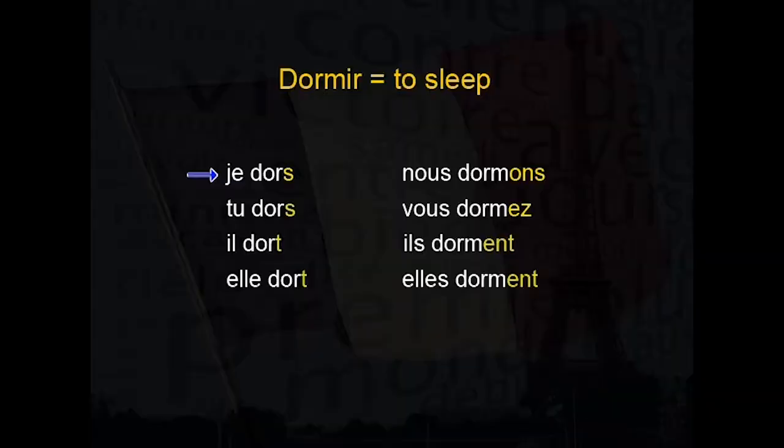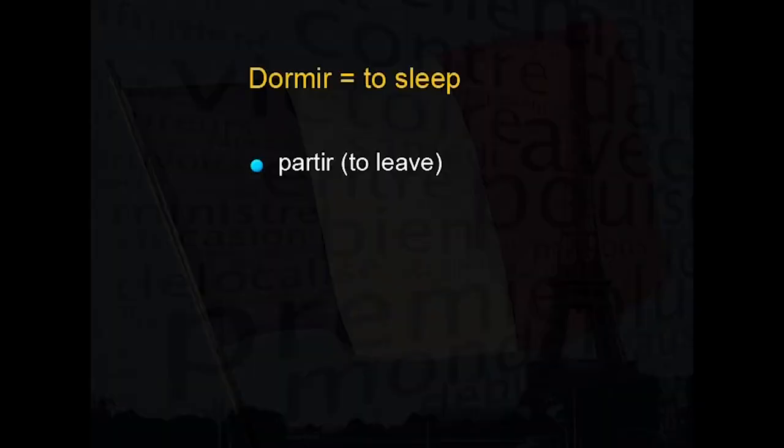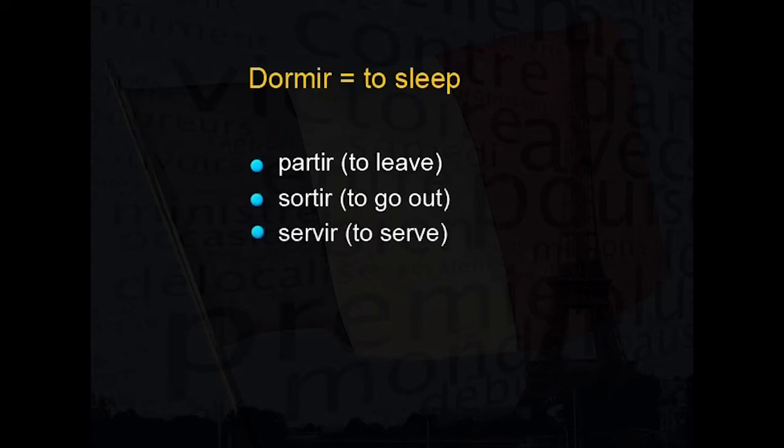As you can see, the stem of the verb has remained intact. So the whole conjugation of the verb dormir would be je dors, tu dors, il dort, elle dort, nous dormons, vous dormez, ils dorment, elles dorment. Other verbs of this type include partir, which means to leave, sortir, which means to go out, and servir, which means to serve, among others.